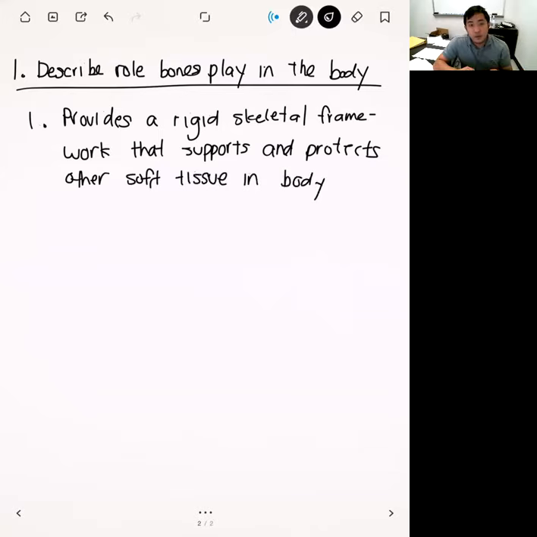They are literally the backbone of your body.